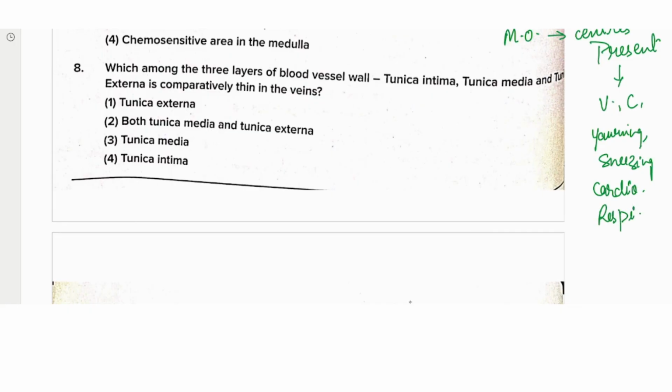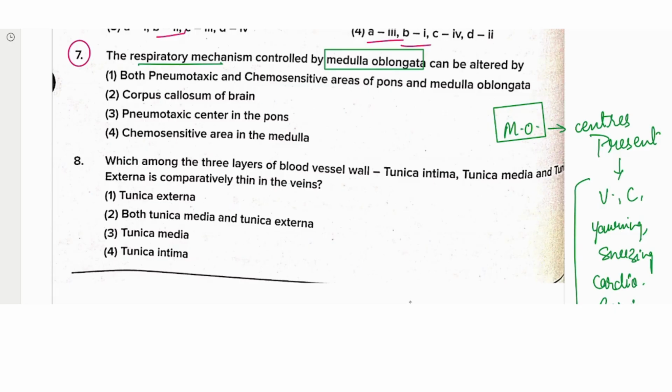So these are present in the medulla oblongata, but into the pons area there are two centers which are most important, because these are responsible for controlling all these centers present in the medulla oblongata.